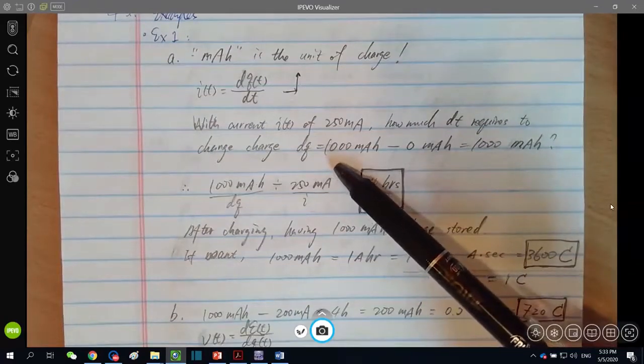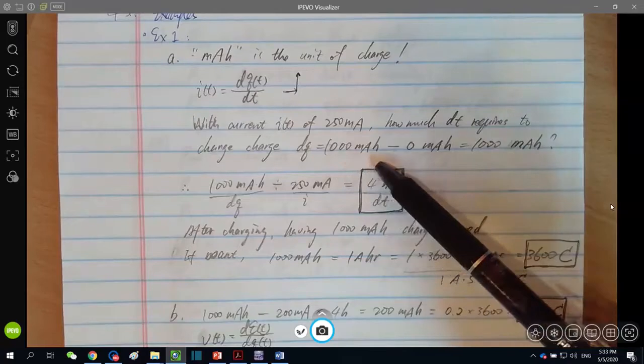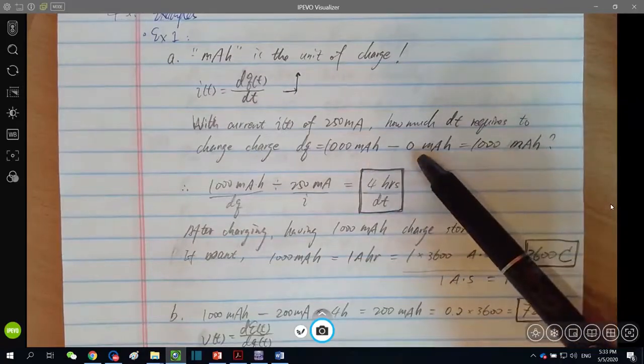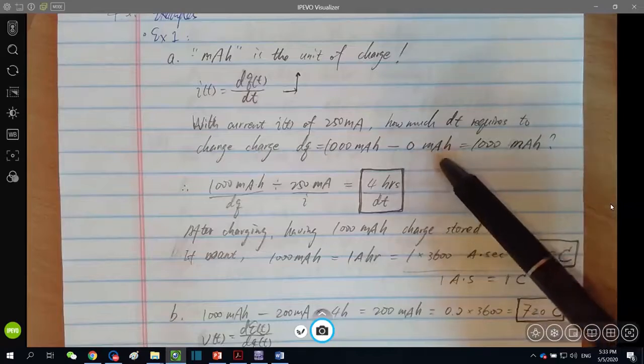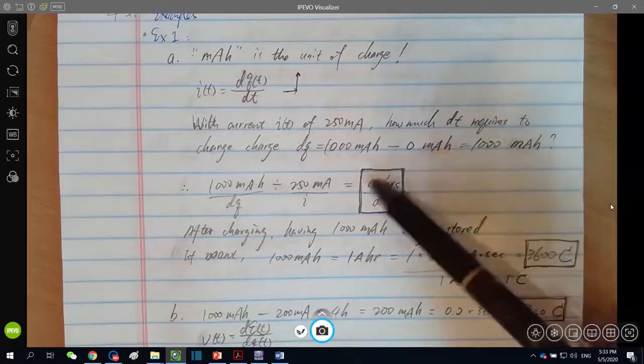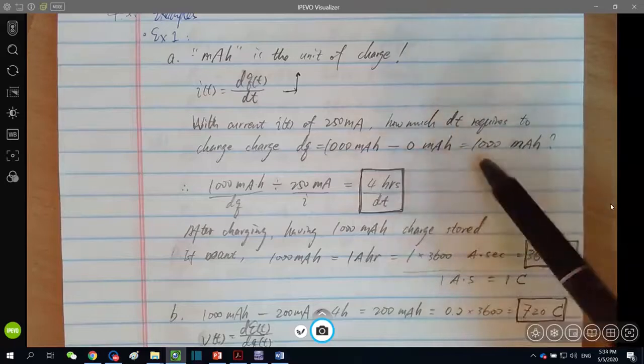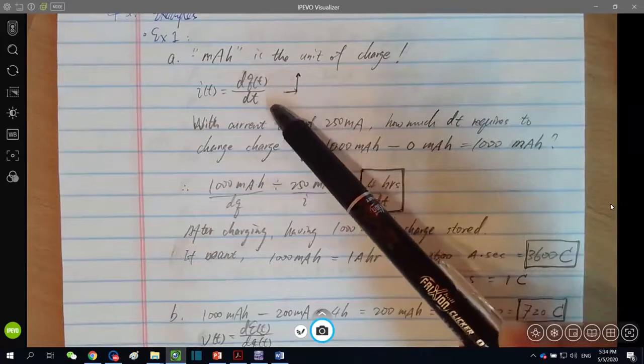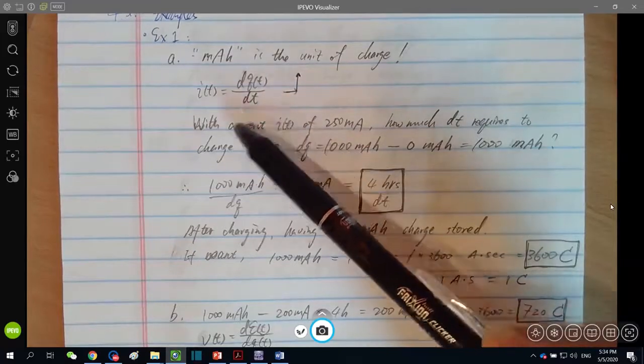So fully charged means 1000 milliampere hour. Empty means 0 milliampere hour. So the difference between them is the dq, the total amount of charge you need to charge. The total amount of charge divided by the total amount of time spent is equal to the current.